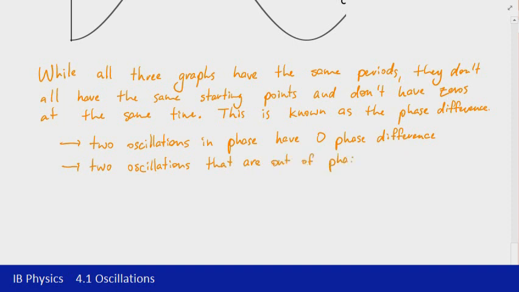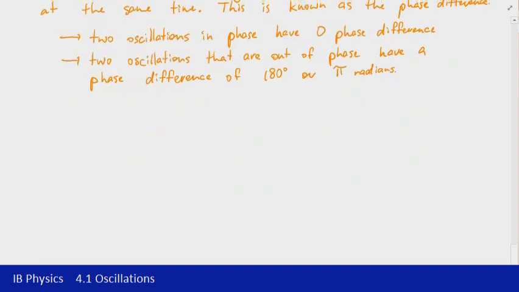They have a phase difference of either, if we measure it in degrees, 180 degrees, or if we use radians, it would be pi radians. So either of those two. So be aware of both. You might need to refer to both at different times.